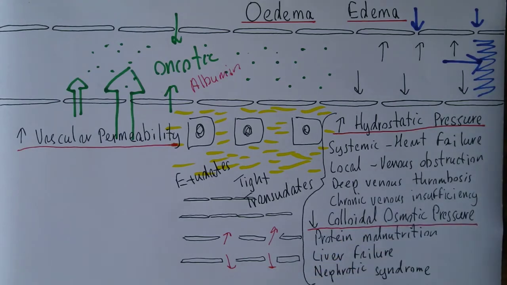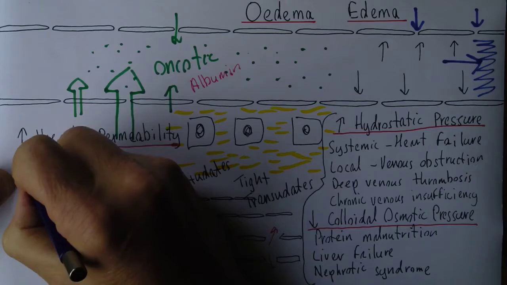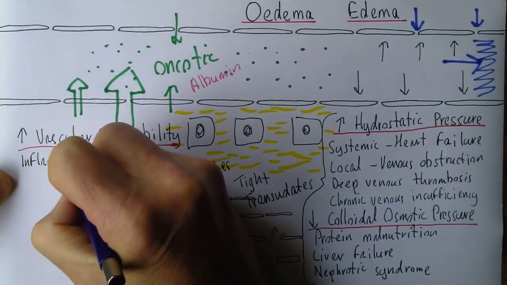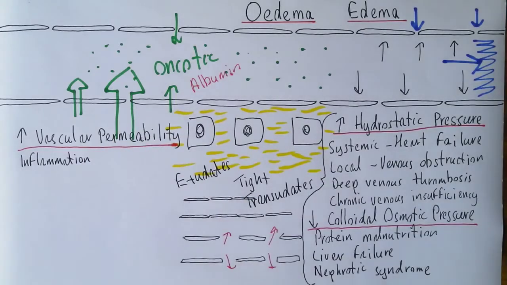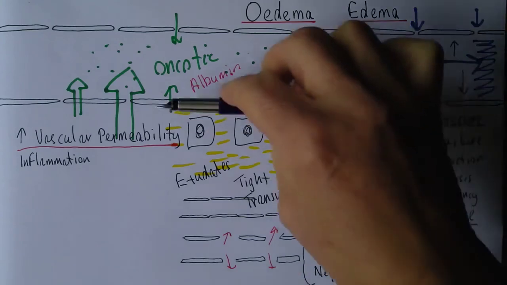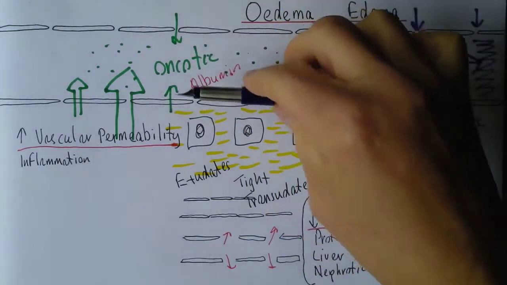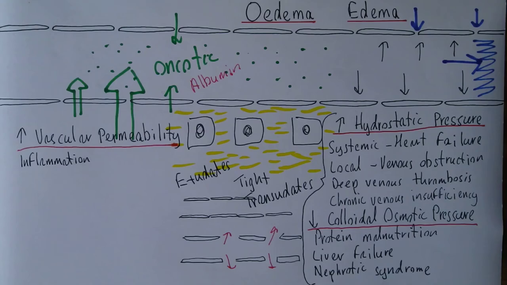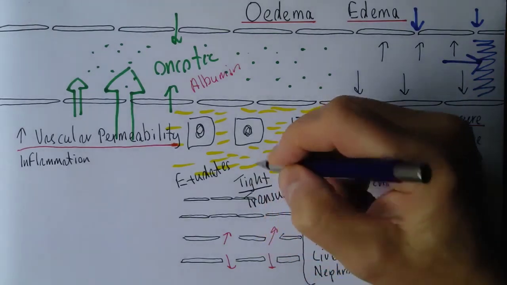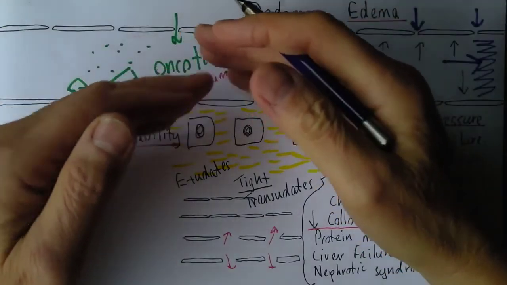So classically, of course, this might be caused by inflammation. Inflammation is going to cause localized vasodilation, increasing the vascular permeability of the capillary. So we could say that the capillary is no longer tight. The walls are looser.